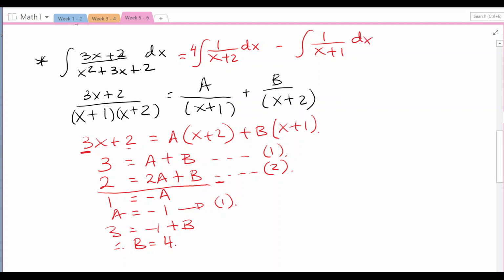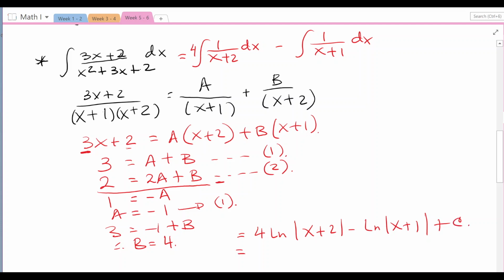So in that case, our integral, the first term is simply 4 times ln of x plus 2, the integral of 1 over x plus 2 dx, and then the second one is simply ln of x plus 1 with a negative, and then plus c.